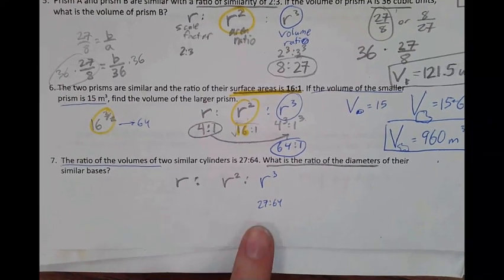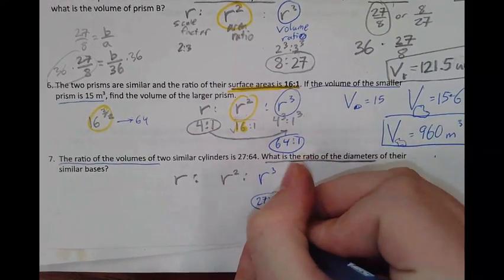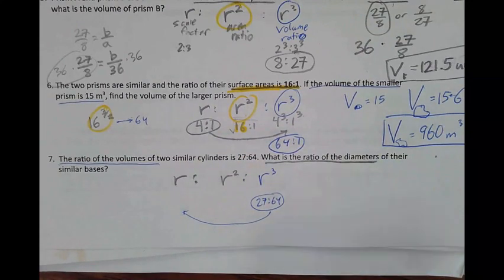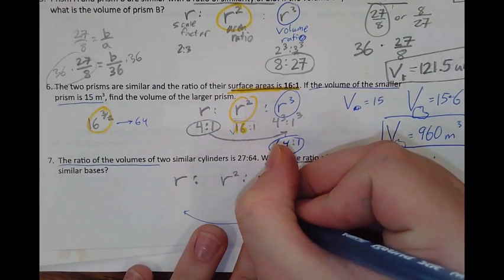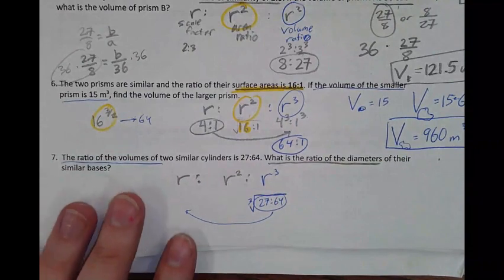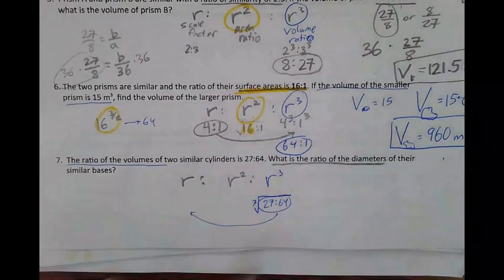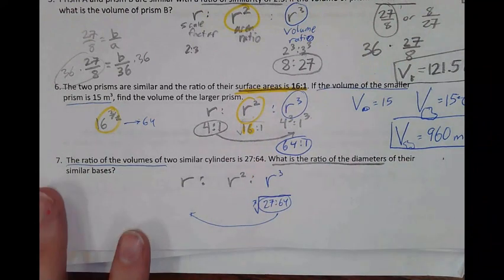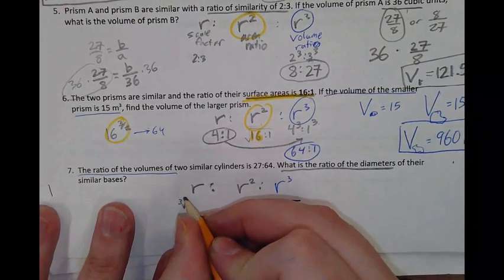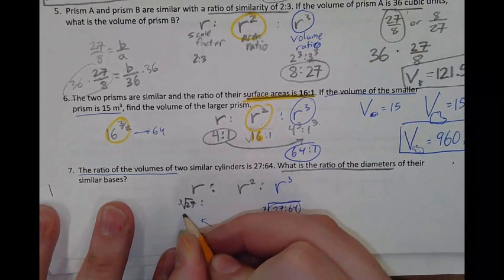Okay, so if it's 27 to 64, how do you go from the cube all the way back to R? Yes, you're going to have to do the cube root of those numbers. So it's going to be the cube root of 27, which is 3.